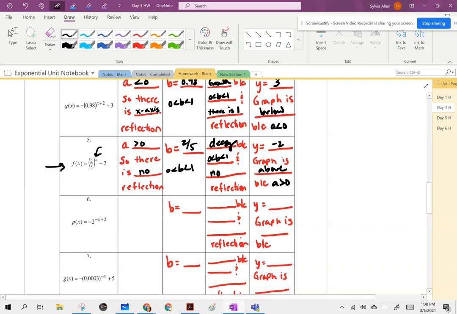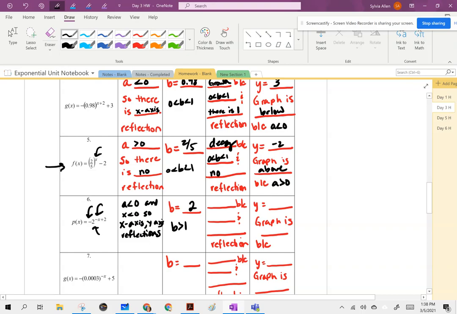All right, notice here that there are two reflections. A is less than 0 and X is less than 0, so an x-axis and y-axis reflection. B is 2, so B is greater than 1. Remember, there's two reflections.